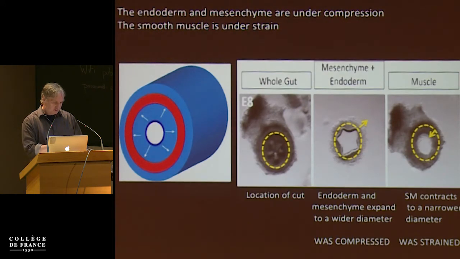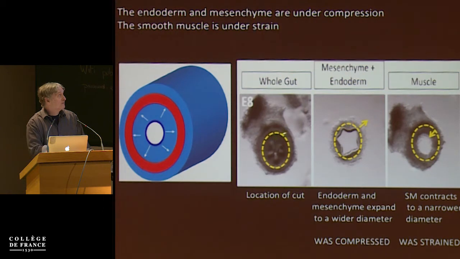So there it is. This is a donut of the tube, if you want. And you can see here is the muscle that's differentiating. Here's the tissue on the inside. And if you cut right here, separating the inner stuff from the muscle, the inner stuff, mesenchyme and endoderm, expands outward, meaning that it was constrained, it was compressed.